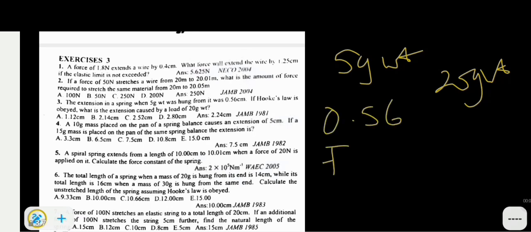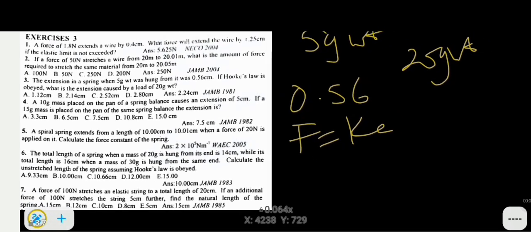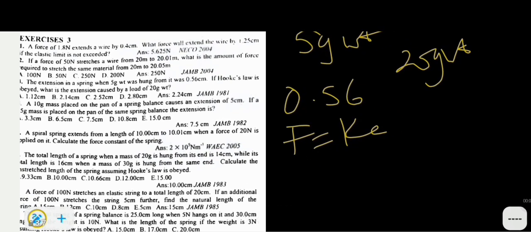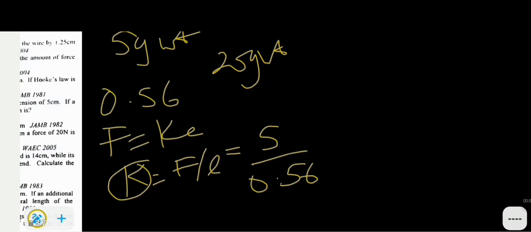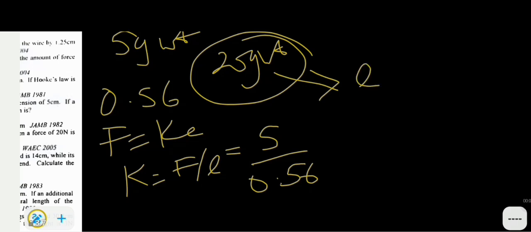So you know that F is equals to KE, right? From here, you can easily get your K for the first one. So K will be F divided by E, and our F is the 5 gram weight, so 5 divided by 0.56. You can leave this like this instead of converting it. This K is the first constant. We're going to use it to find the extension for the 20 gram weight, which is what we are supposed to look for in the question.